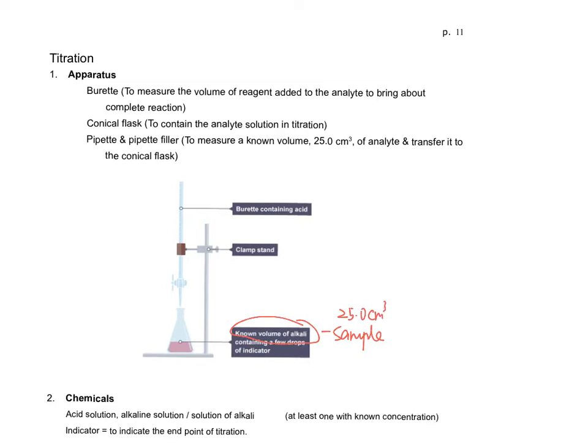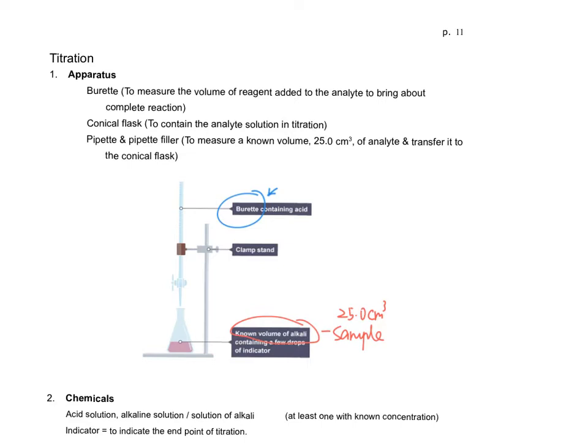The standard solution is placed in the burette, which is also properly rinsed, and the standard solution has known concentration, and we use the burette to find out the volume of this standard solution which can completely react with the chemicals in the sample solution.